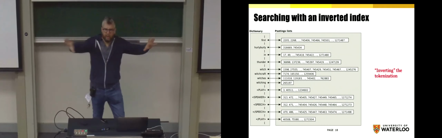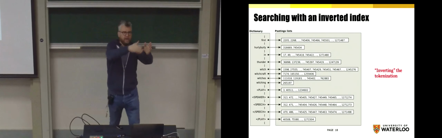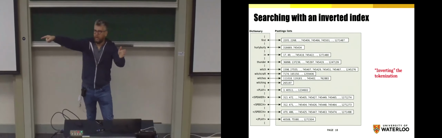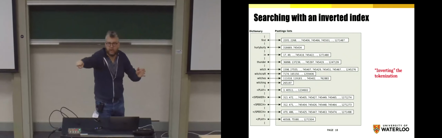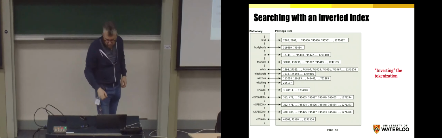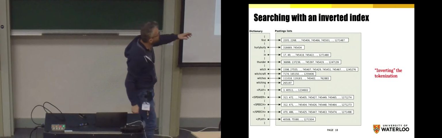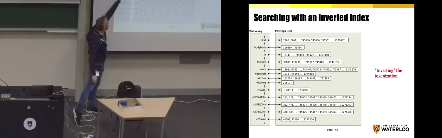I'm taking all that tokenization, which was basically 1, 2, 3, 4, 5, here's all the words, and I'm saying, okay, the word witch, all the places that it occurs are here.